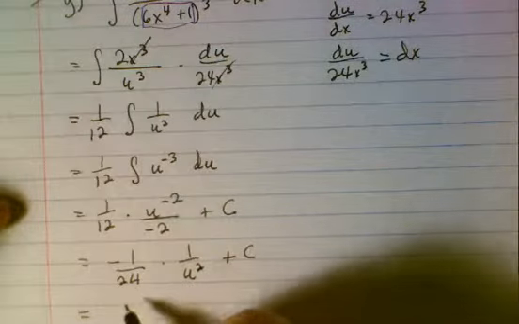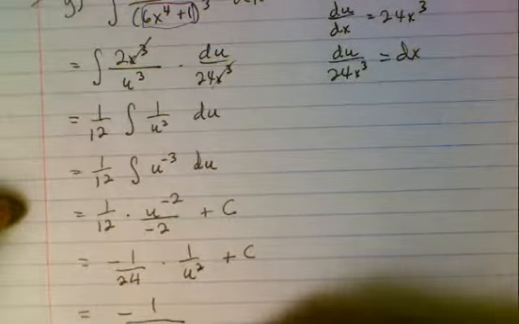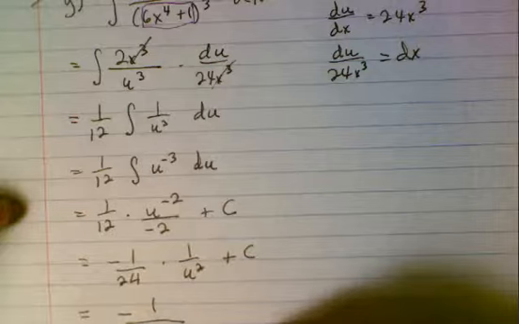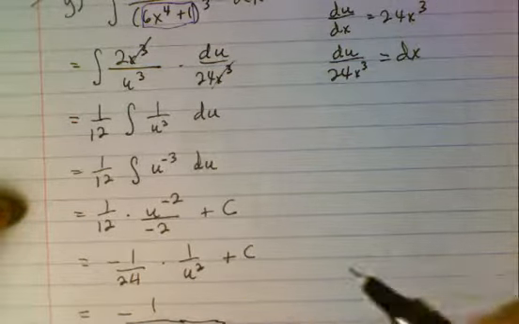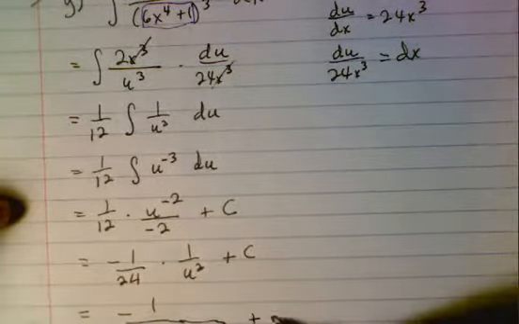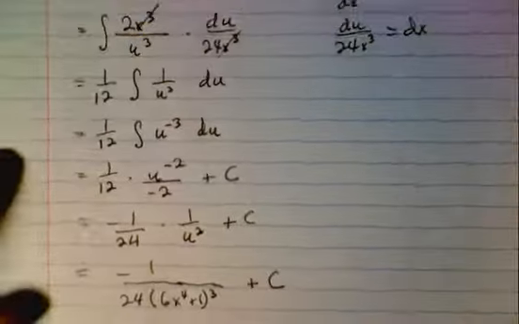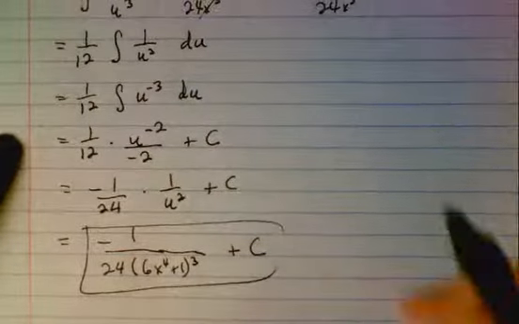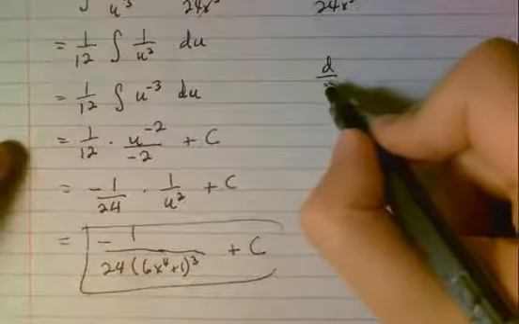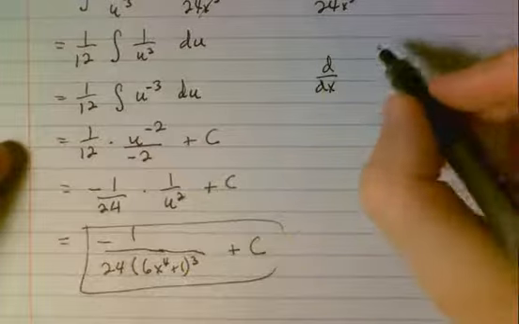Let's put in u. So this is negative 1 over 24 times 6x to the 4th plus 1 cubed, plus c. I've just done some very complicated stuff, so let's make sure to take the derivative to check that.